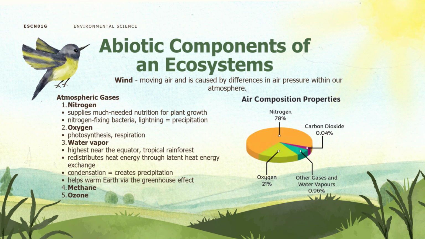Ma'am, in what form is heat redistributed? Through latent heat energy transfer within the atmosphere. Water vapor also plays a major role in condensation that later on leads to rain or precipitation. And water vapor helps warm Earth through the process of greenhouse effect.